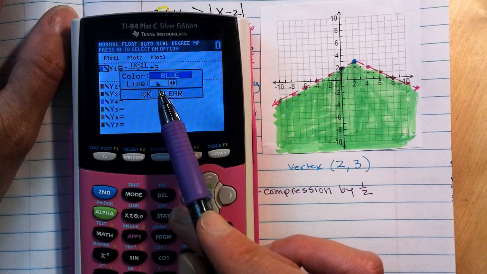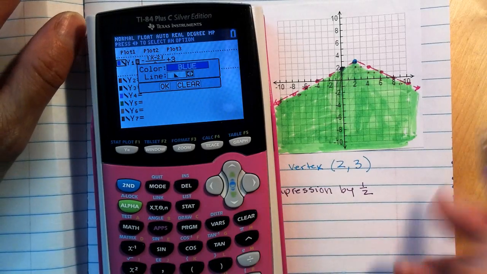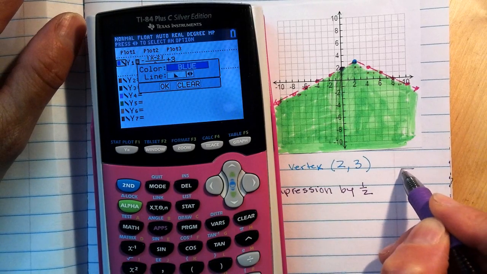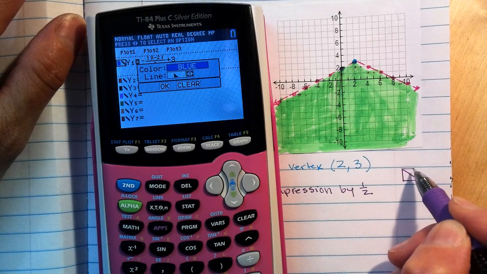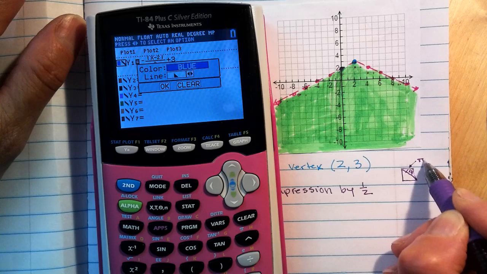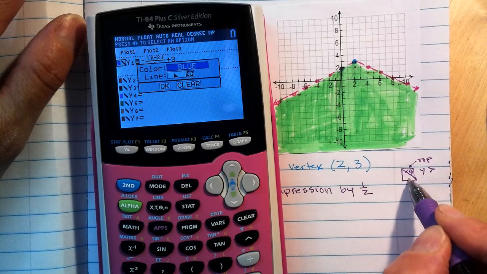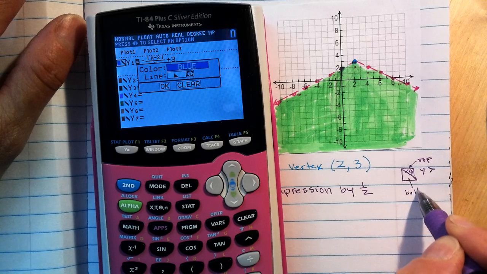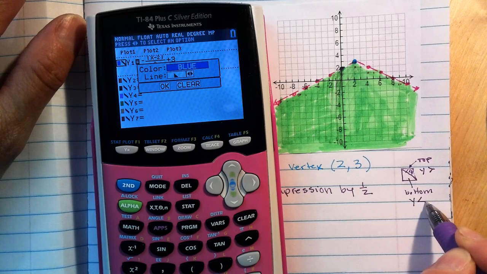So what I'm doing with this is I'm thinking of this as a square. So on my calculator, on that box, this part here, the top, would be where y is greater, and this down here on the bottom is where y is less than.